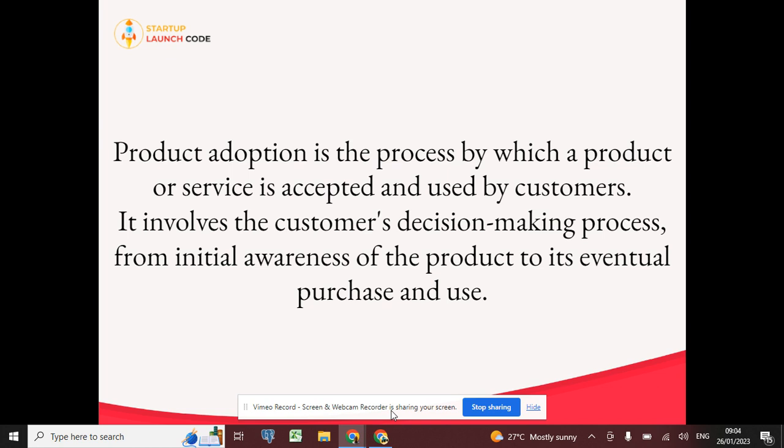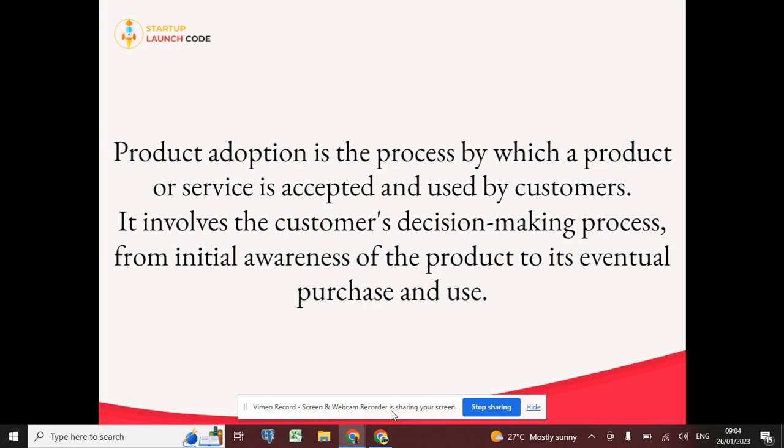It involves the customer's decision making process from initial awareness of the product to eventually purchase or use. So when it comes to product adoption, there is a series of stages the customer needs to go through before eventually using or even paying for your product or service. We'll be looking at those processes in the course of this program.